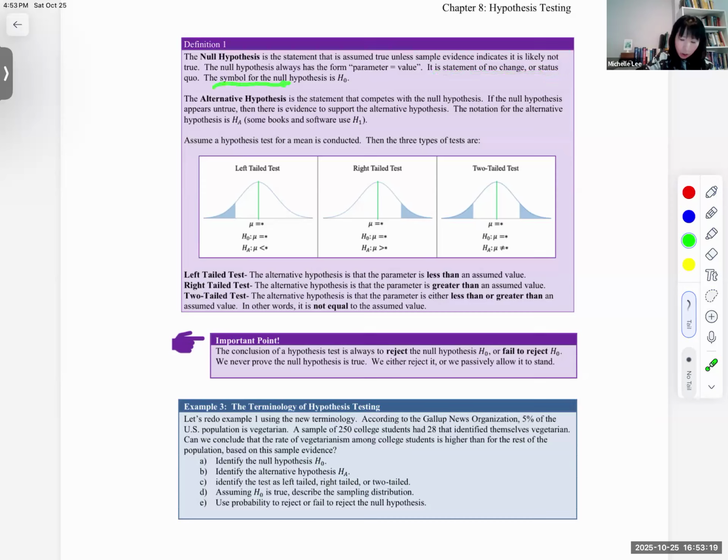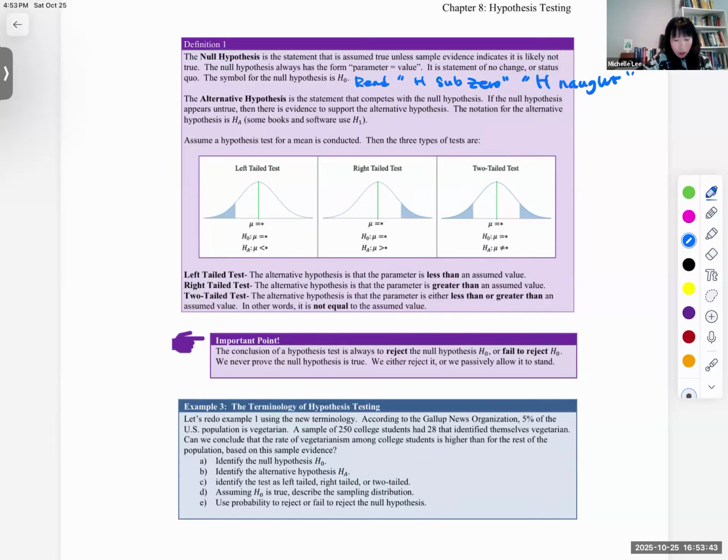The symbol for the null hypothesis is H sub 0, or H naught. We did that before.